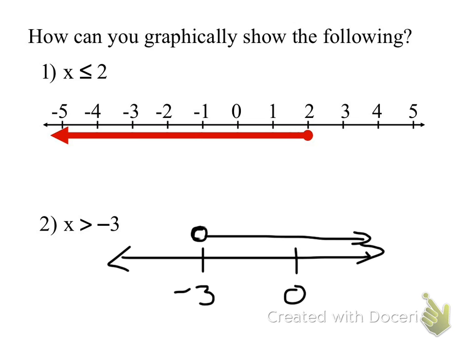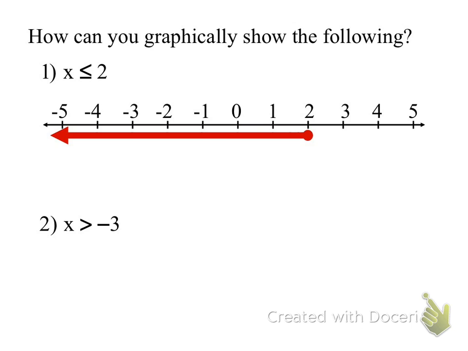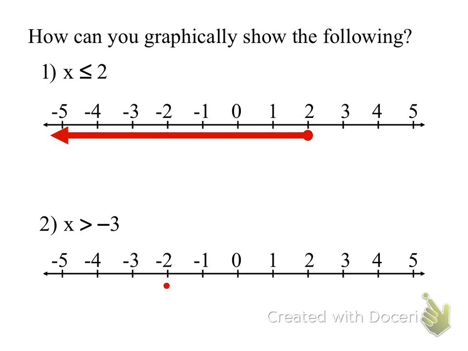It includes all those, but not -3. Do you understand the difference between an open circle and a solid circle? Okay? That's the question you're asking yourself. Notice it goes everything before but not including.